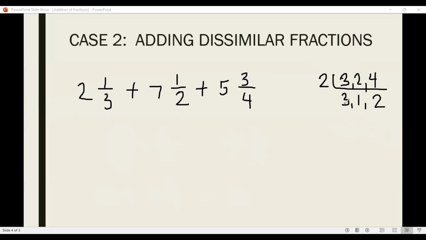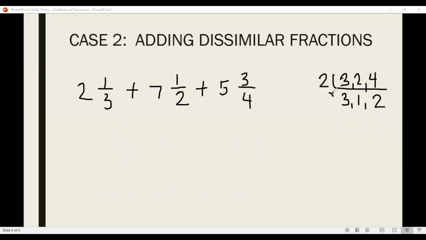Okay, so we only have the 3 numbers now, 1, 2, and 3. And again, we call these numbers relatively prime numbers because their GCF, or the greatest common factor, the only factor that can divide these 3 numbers, is 1. So we stop.